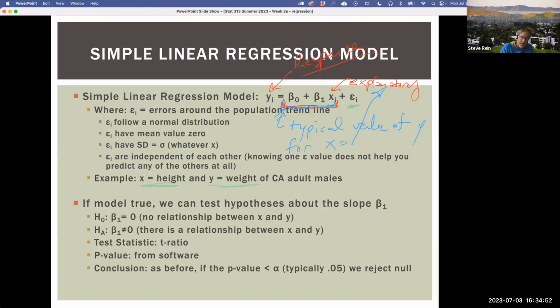And furthermore, if you knew the trend itself, the true underlying trend, my color choice is bad, so let's go with black.